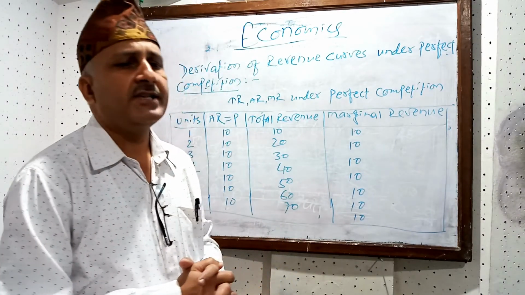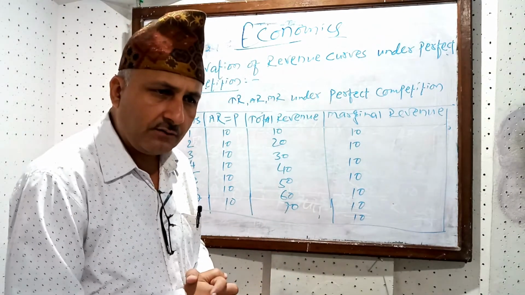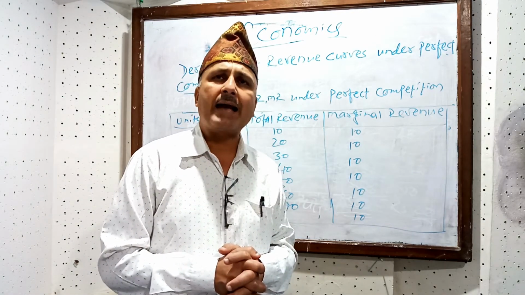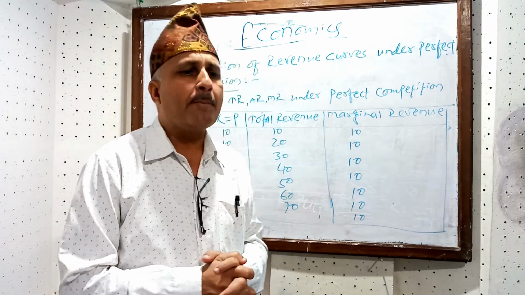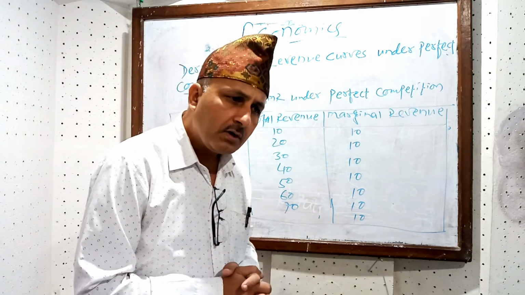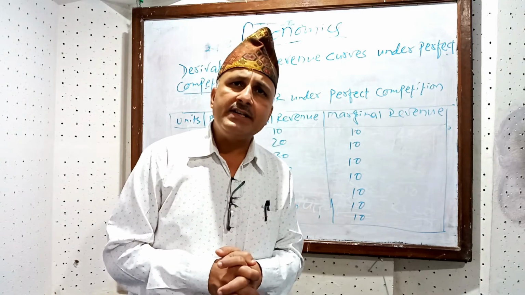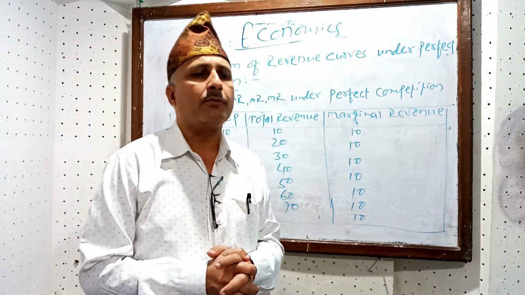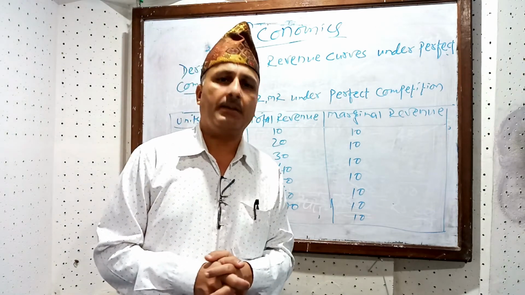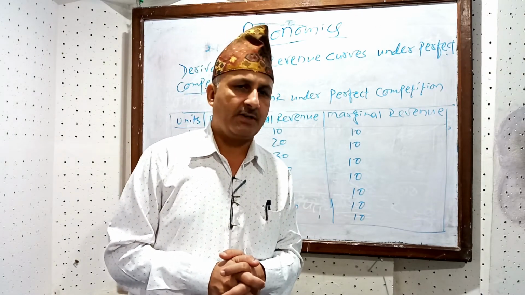Perfect competition is that type of market structure in which a large number of buyers and sellers are engaged in buying and selling, where homogeneous or identical types of goods and commodities are sold and purchased in the market. This is called perfect competition.